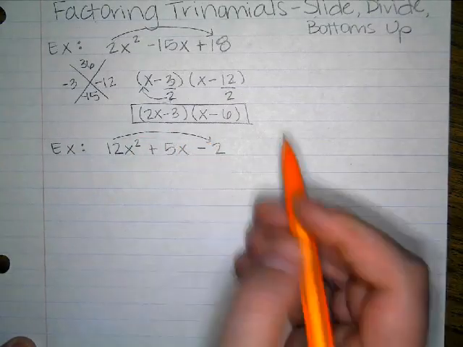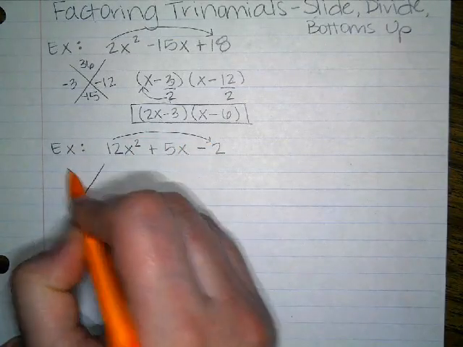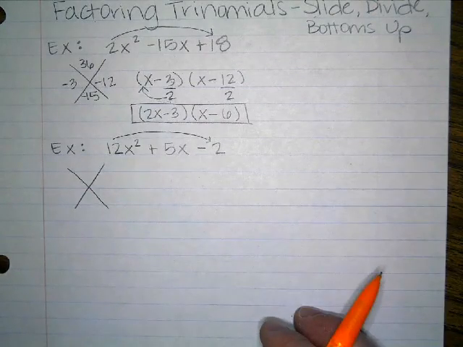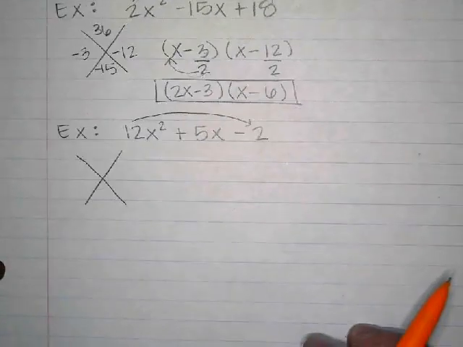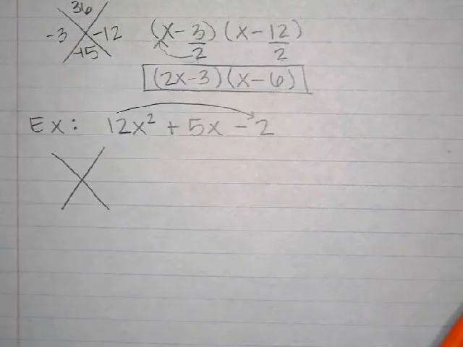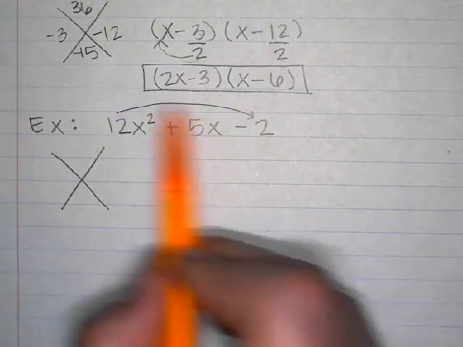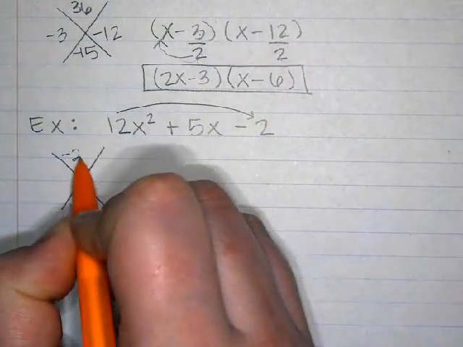So 12 multiplied by negative 2 is what? Negative 24. So we are looking for two numbers that multiply to negative 24 and add to 5.